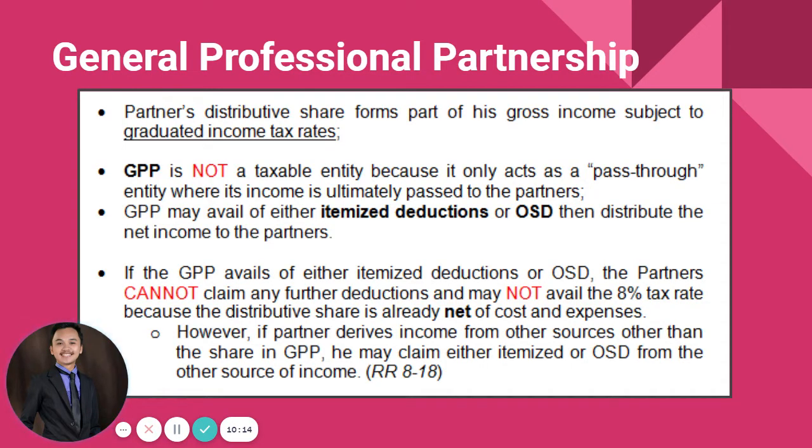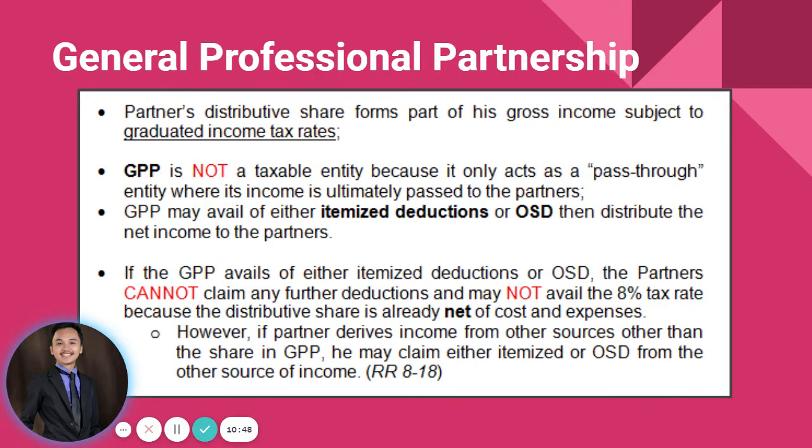Okay, guys, let me make it clear that when the sole source of income of the partner is only the income from the partnership, which is a general professional partnership, then that income will only be taxed using the graduated income tax rates. It shall only be graduated income tax rates that the taxpayer can use. He cannot use the 8% income tax.